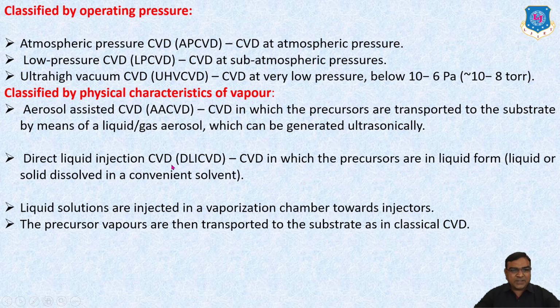Direct liquid injection CVD, DLI-CVD, is CVD in which the precursors are in liquid form, liquid or solid dissolved in a convenient solvent. Liquid solutions are injected in a vaporization chamber towards injectors. The precursor vapors are then transported to the substrate as in classical CVD.